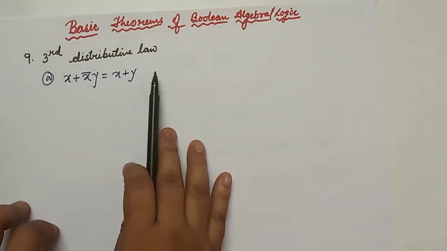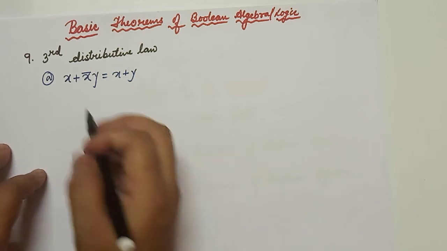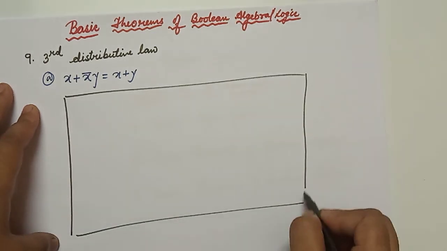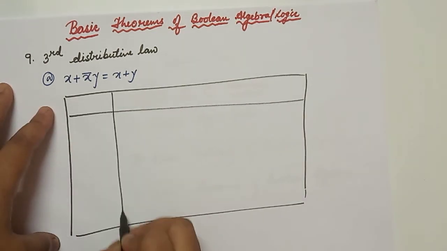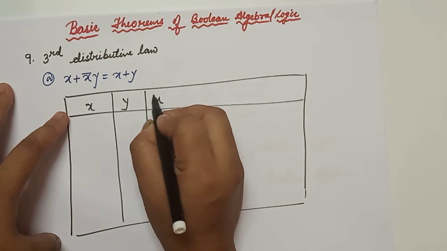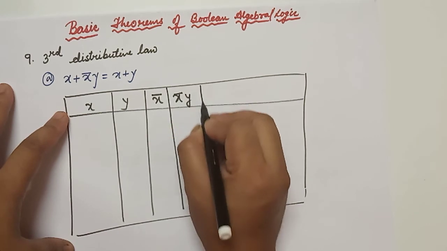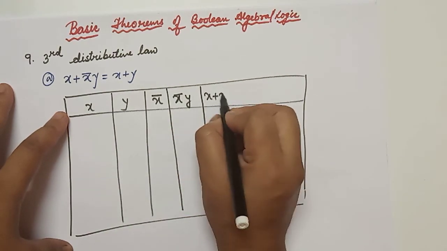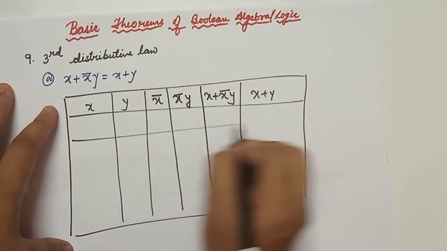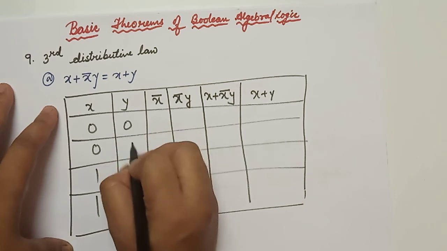The last one, third distributive law, it states that the x plus x complement y is equivalent to x plus y. Let's prove using the truth table. So here we have to find x complement, then x complement y. Then we have to find x plus x complement y and then x plus y. 0, 0, 1, 1, 0, 1, 0, 1.